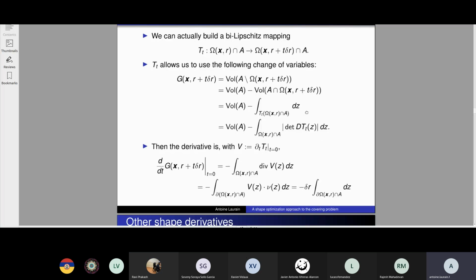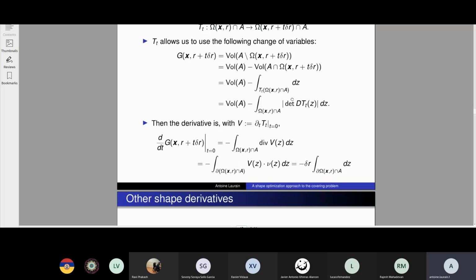And then we get a quantity that depends on t inside the integral, and then we can compute the derivative. So it's well known that the derivative of the determinant of this Jacobian from the change of variable gives a divergence of v, where v is the derivative of this transformation capital T.